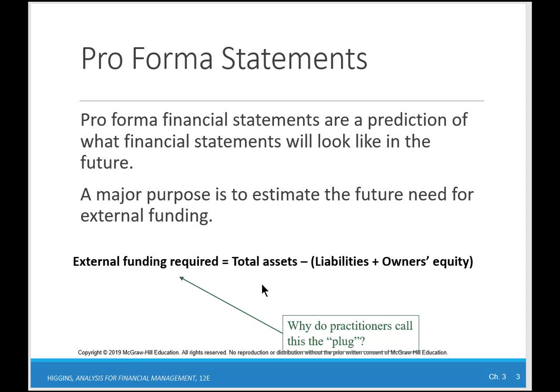So we're going to predict how much assets we think we're going to need next year. We'll then calculate how much money we'll have. If we need more assets than we have money, that means we have to go out and get some. On the other hand, if we have more money than assets, then we're going to want to save that money, right? We're going to try to do something with it, maybe short term.